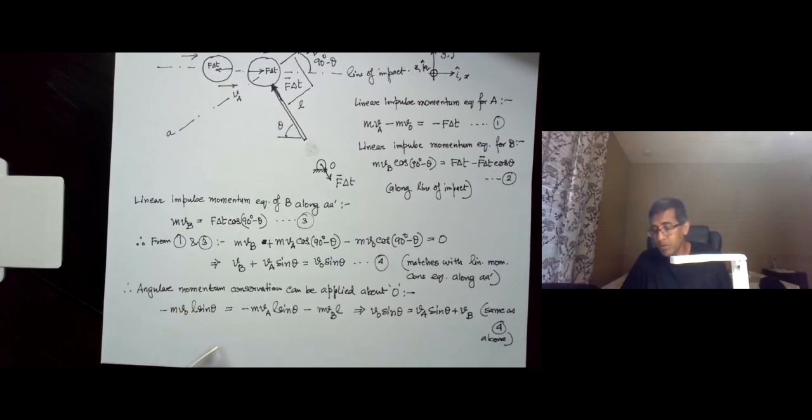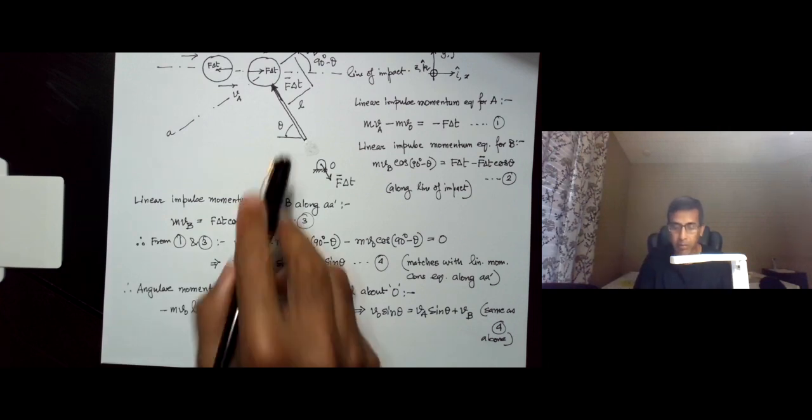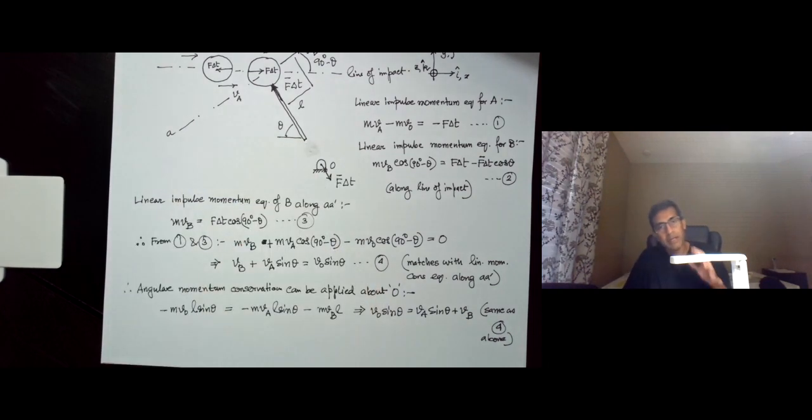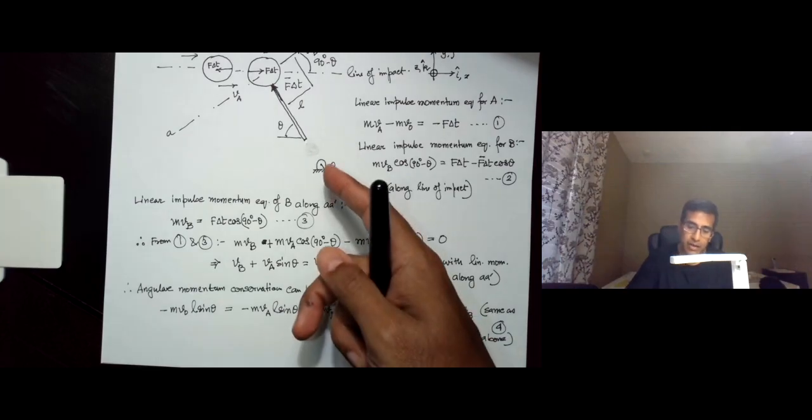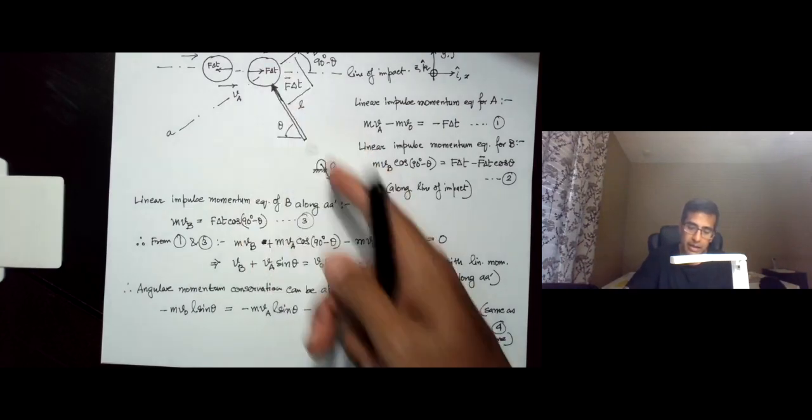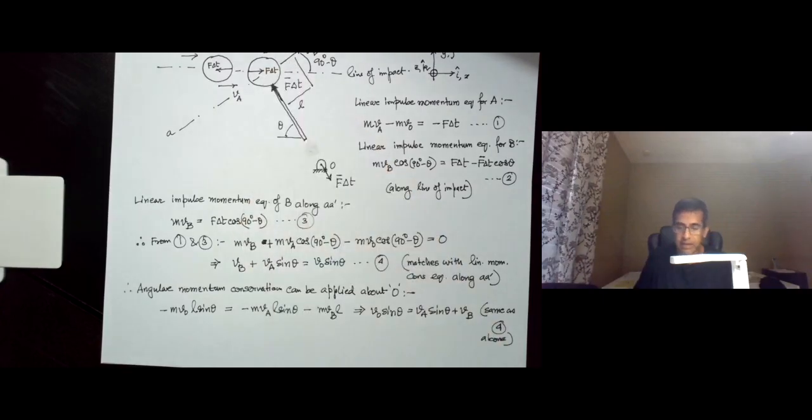Remember that for a system of particles, the conservation of angular momentum can be applied either about the center of mass of the system or about a fixed point. In this case, the fixed point is quite reasonable because we don't have to worry about F bar delta t, and it's a legitimate point about which we can write.